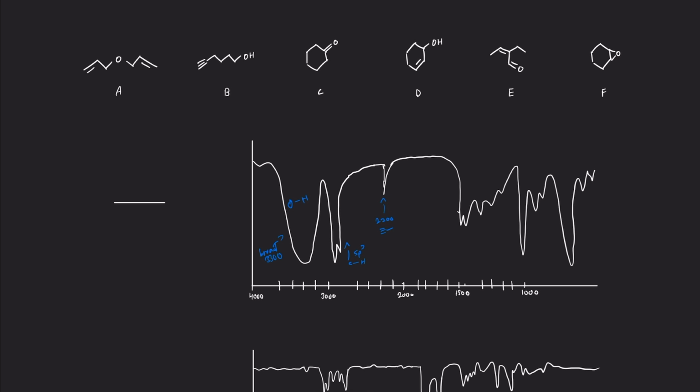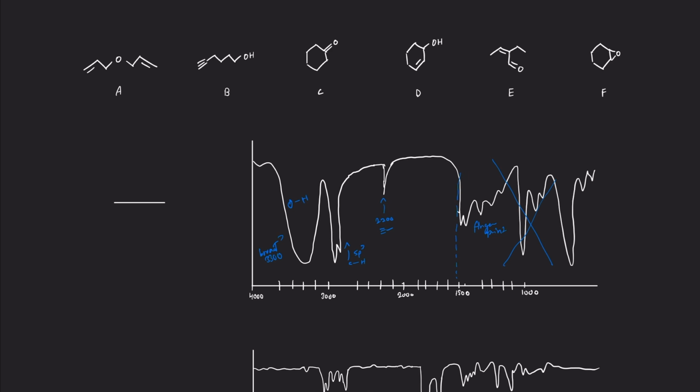Aside from this, there's no other functional groups past like the 1,600 range or 1,500 range where I'm drawing this line. This is the fingerprint region. With most classes, you don't really memorize the stretches in the fingerprint region, so you won't really be paying attention to that. But anything past 1,500 on the left, we will pay attention to.